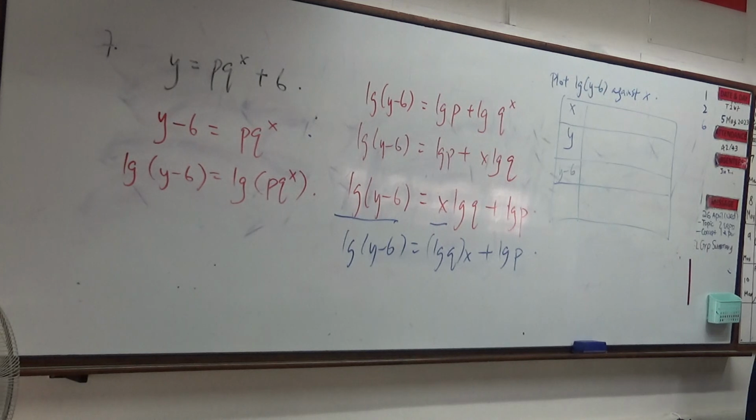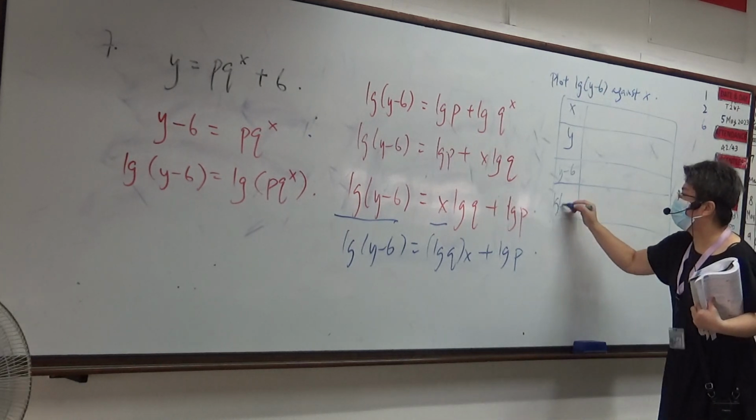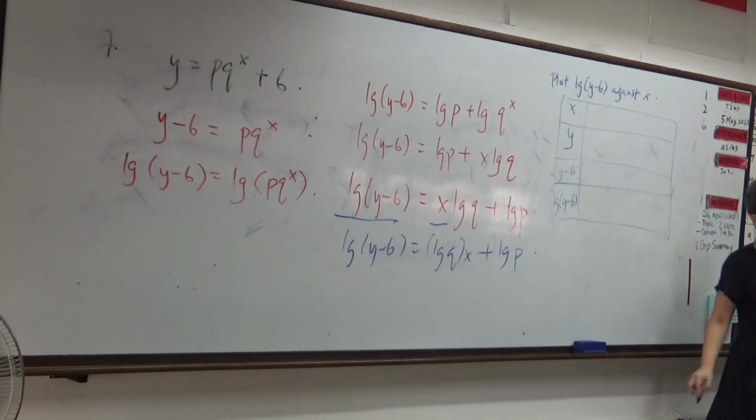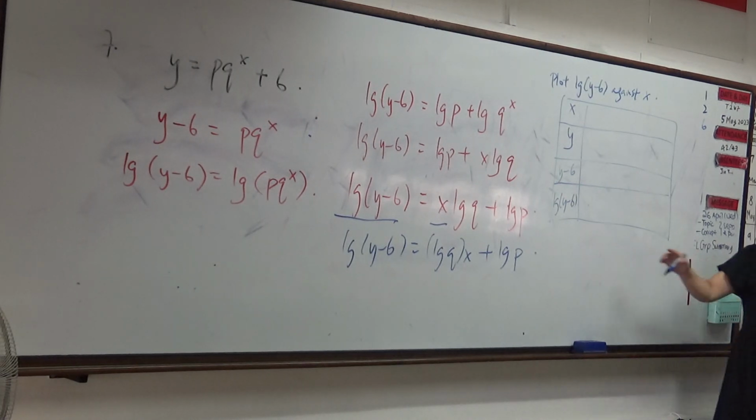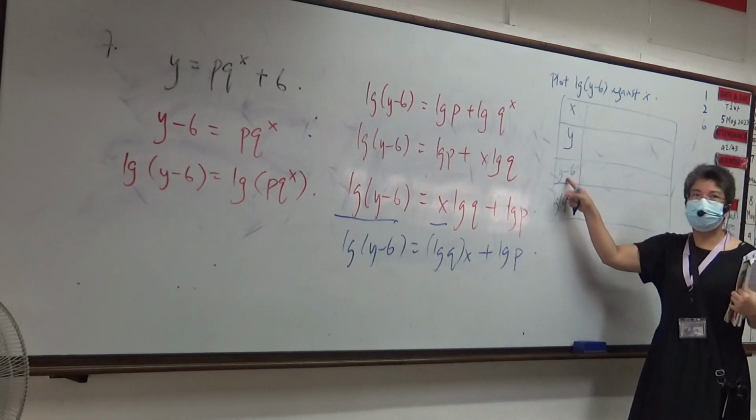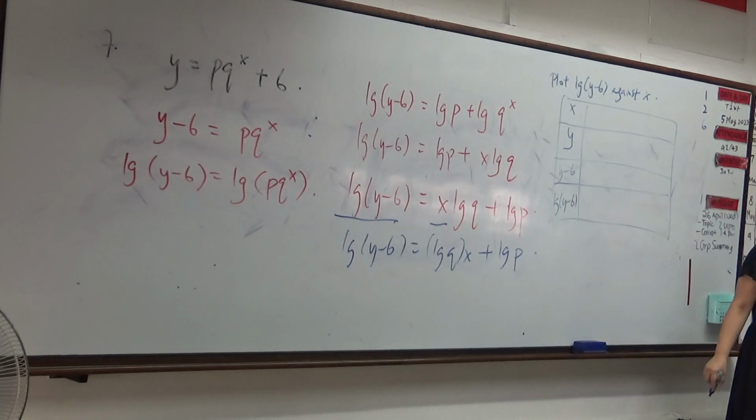Alright. Then I need to know what? Log (y minus 6), right? Can you see you got to add this, then you can plot. Do you understand what I'm talking about? Now, how come I didn't straight away put log (y minus 6)? Because some people will forget to minus 6. Understand?